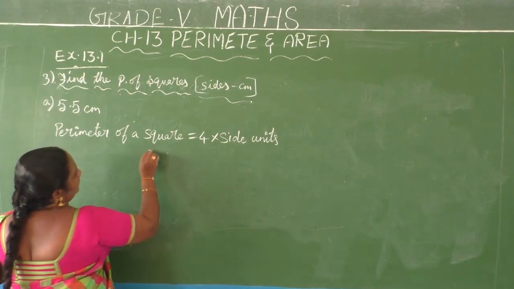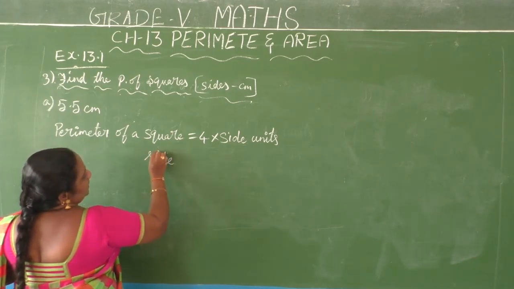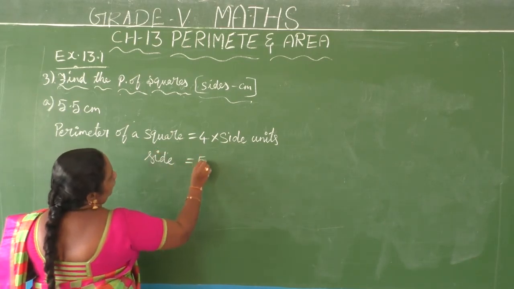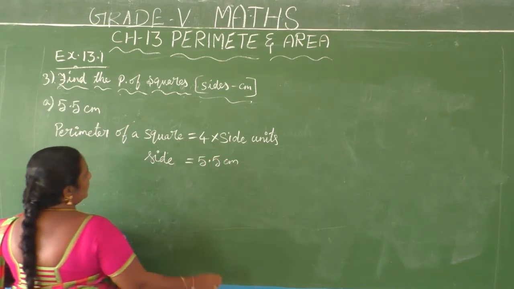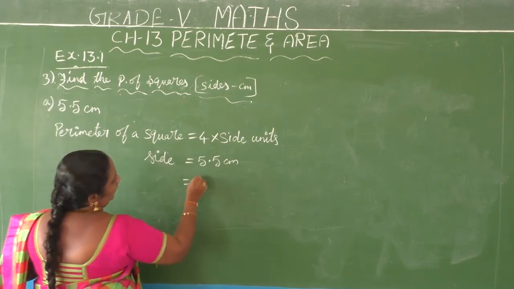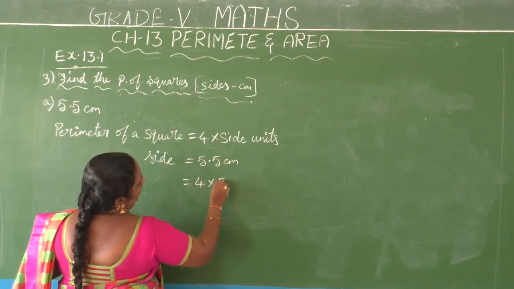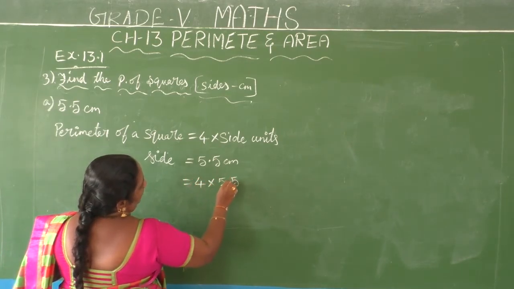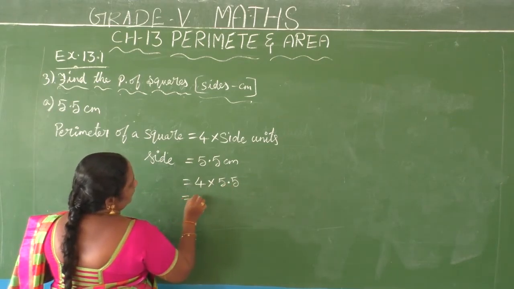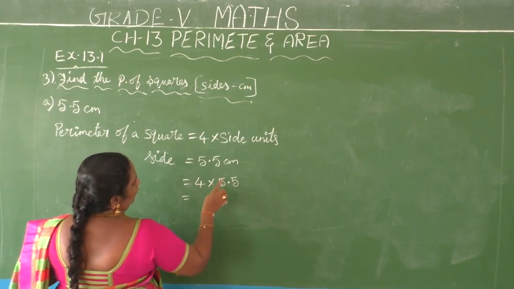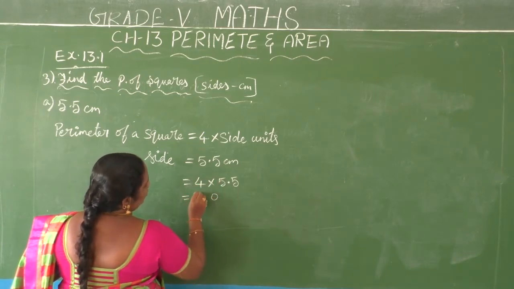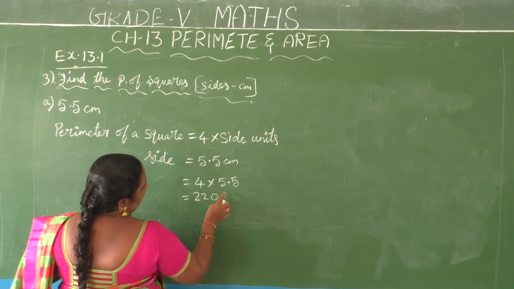Okay, see here. What is the measurement? One side is 5.5 centimeter. That means 4 into 5.5. So what will come? 4 5s are 20, 0, remaining 2. 4 5s are 20, 20 plus 2, 22.